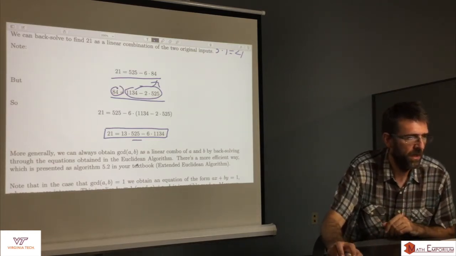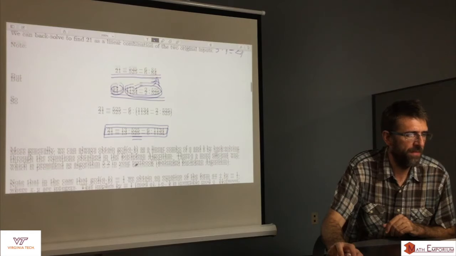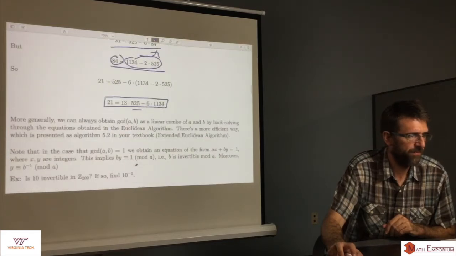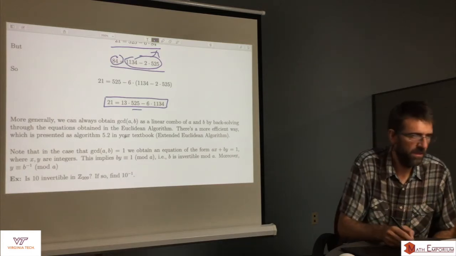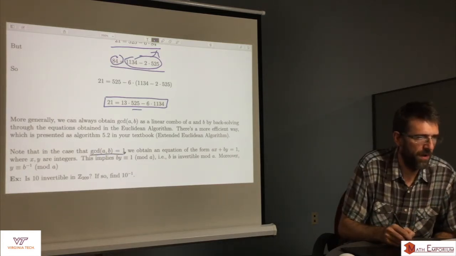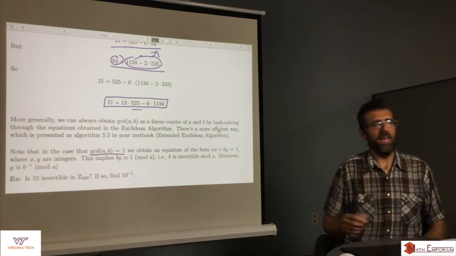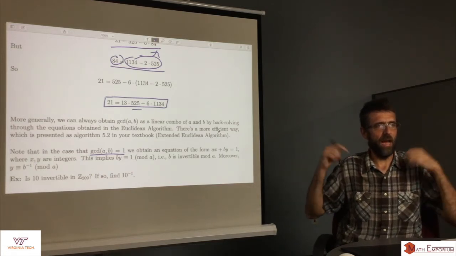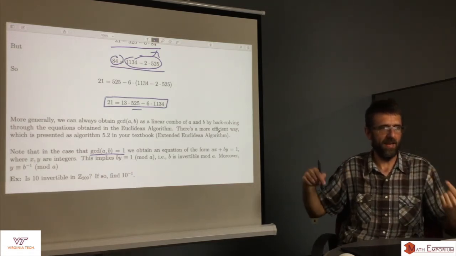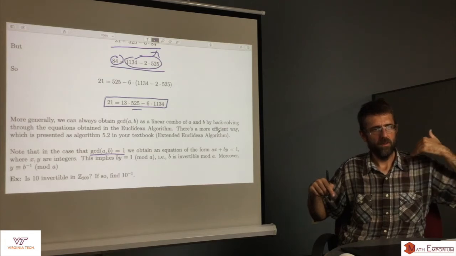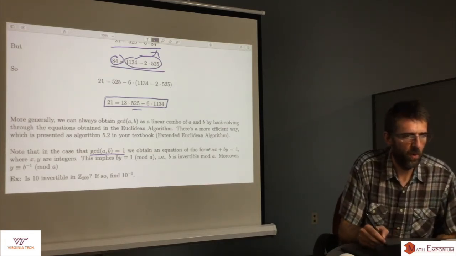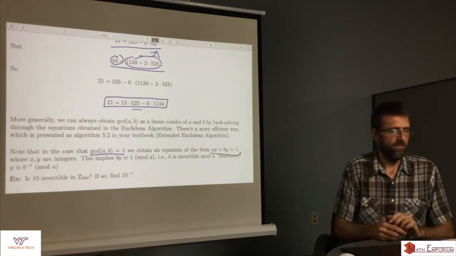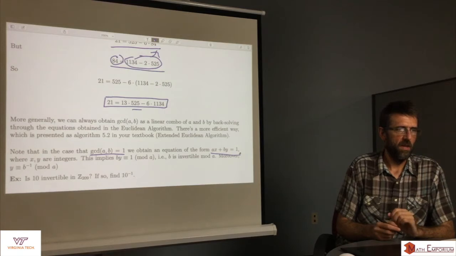Now, the most important thing for our purposes here is that in the case when the GCD of a and b is equal to 1, what are we going to get? We're going to get a linear combination of those two inputs, a and b, being equal to that GCD, which is 1. So we're going to get an equation of the form ax plus by is equal to 1, where x and y are integers.